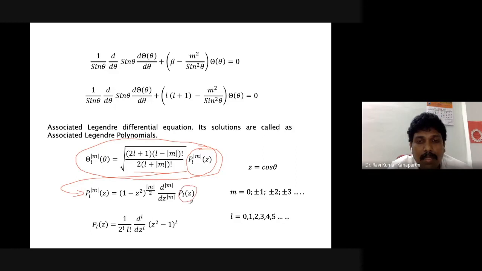Here there is also P_l, which can be evaluated by this. This is the way we can calculate the associated polynomials.